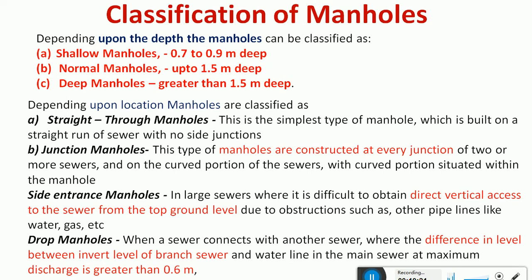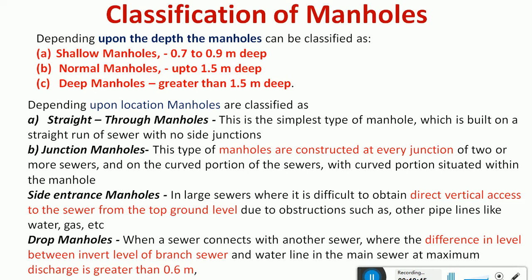So, the side entrance manhole is used in large sewers where it is difficult to obtain direct vertical access to the sewer from the top ground level, due to obstructions like pipelines of gas and water. What happens below the ground is that apart from the sewer lines, you may have other pipelines also, like water mains.